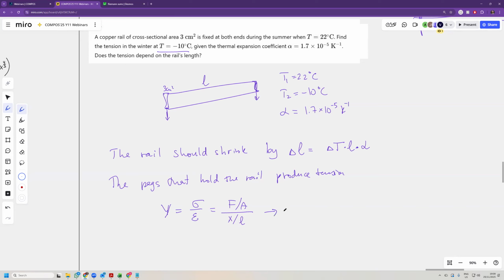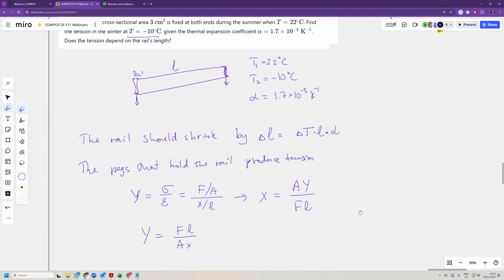So from here, we can say that Y is FL over AX. X is AY divided by FL, where A is the cross-sectional area, Y is the Young's modulus, F is the force that you need to stretch the rail, and L is the original length.